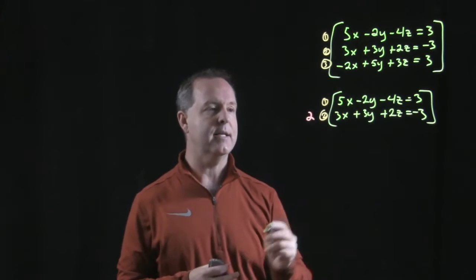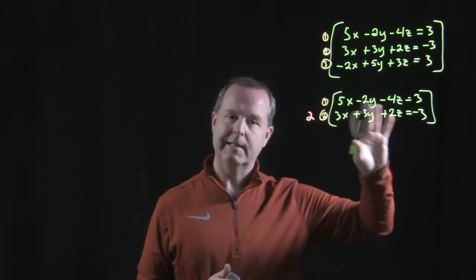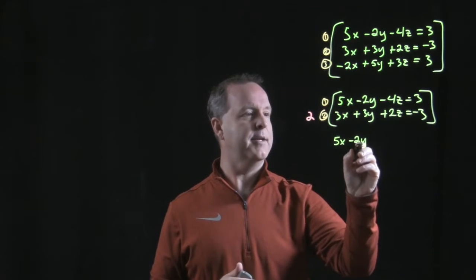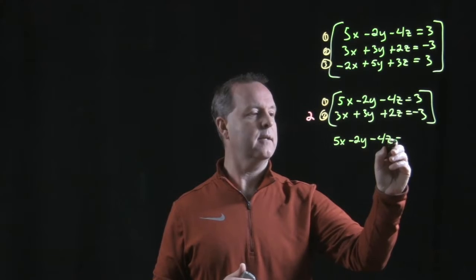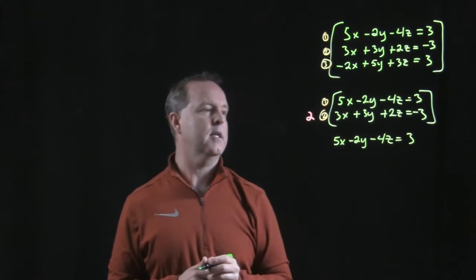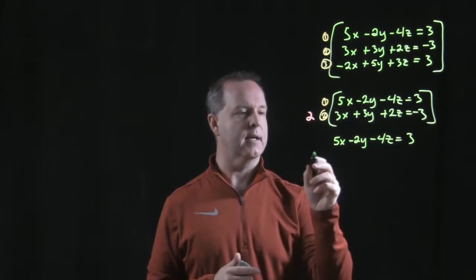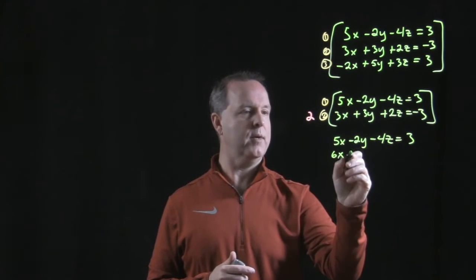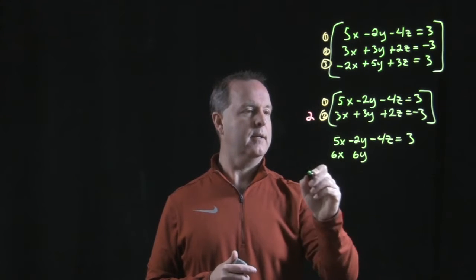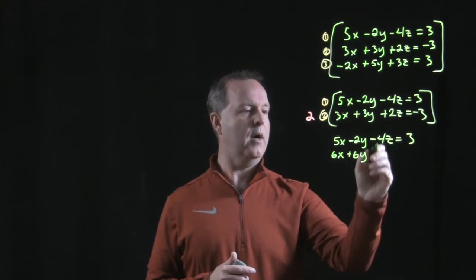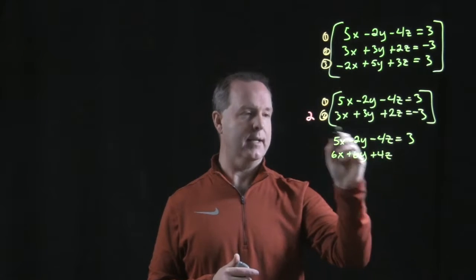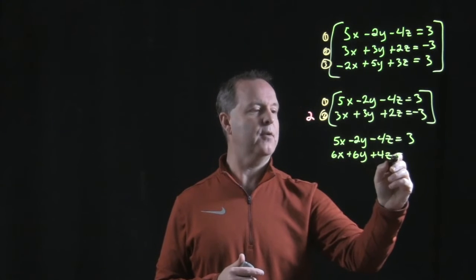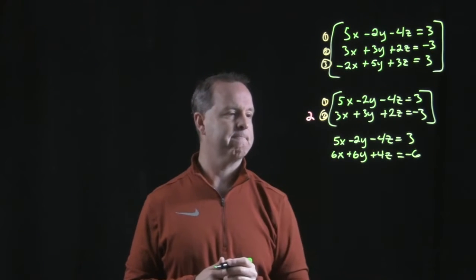So my new secondary system becomes 5x minus 2y minus 4z equals 3. I've got to be careful here with dropping variables and signs. 2 times 3x is 6x, 2 times 3y is 6y, 2 times 2z produces a 4z, and 2 times a negative 3 produces a negative 6.